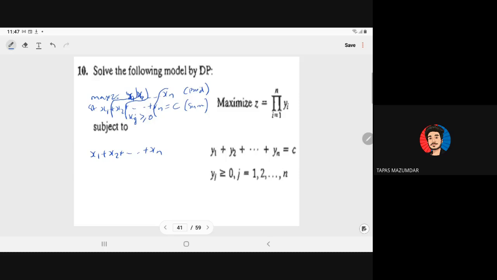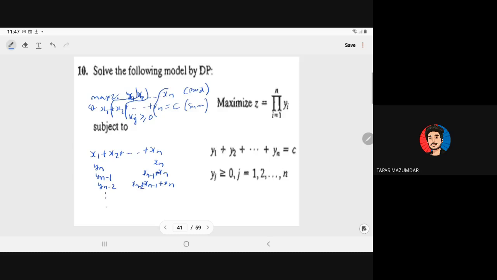So in stage n, how much will you allocate? You will allocate xn. In stage n minus 1, how much will you allocate? xn plus xn minus 1. In stage n minus 2, xn, xn minus 1, xn minus 2.